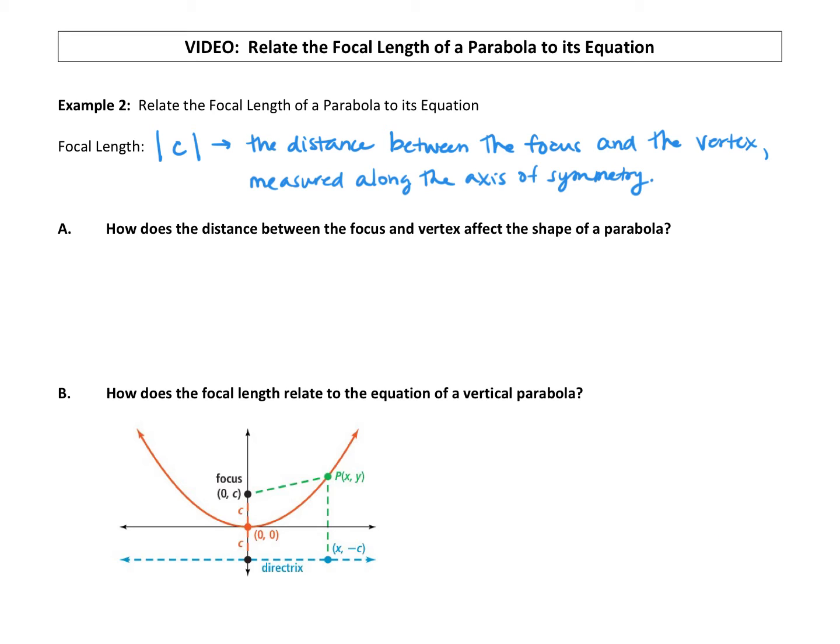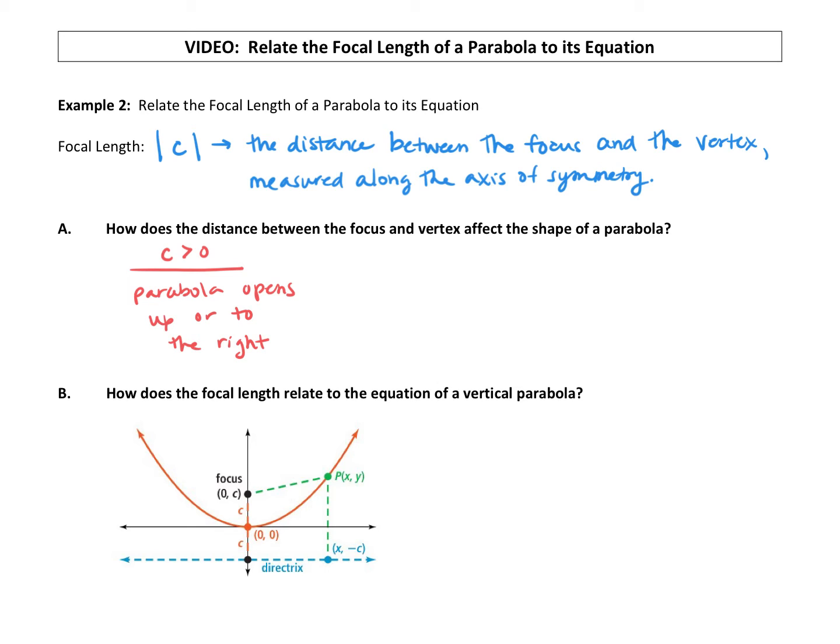Okay, so how does the distance between the focus and vertex affect the shape of a parabola? It's all about that c value. If your c value is greater than 0, that means that your parabola opens up or to the right.